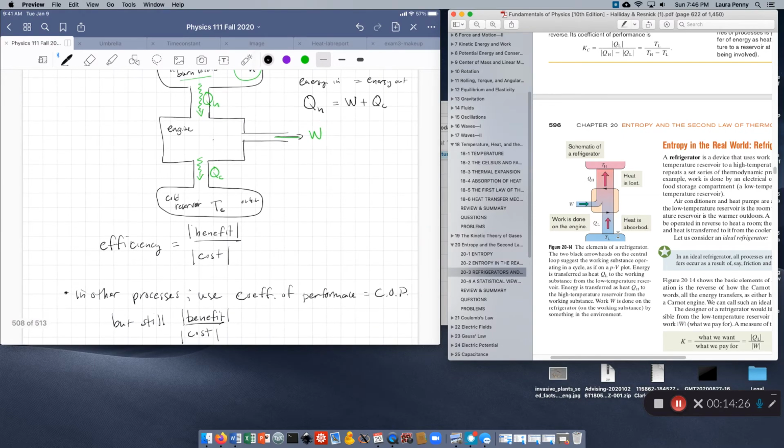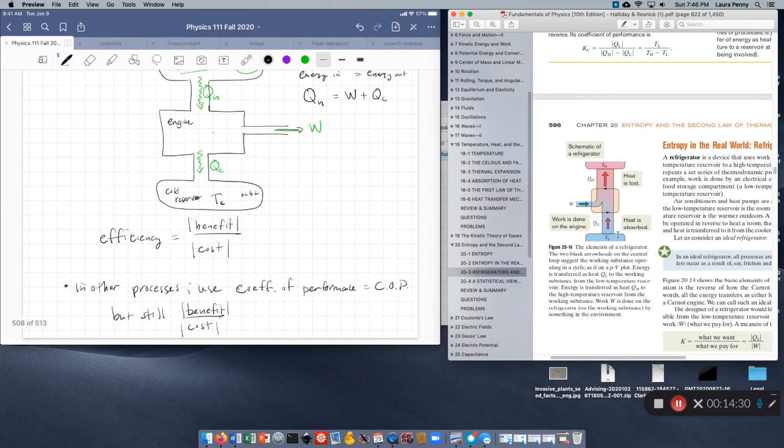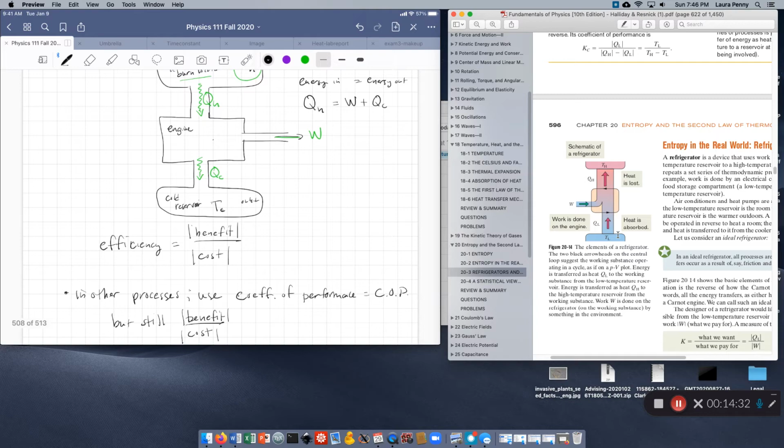All cycles, all cyclical processes, things like this, have either an efficiency, or sometimes, like with heat pumps and refrigerators, they don't want to call it an efficiency, they want to call it a coefficient of performance. But it's always going to be the benefit of the cycle, the reason you're doing the cycle, over the cost.